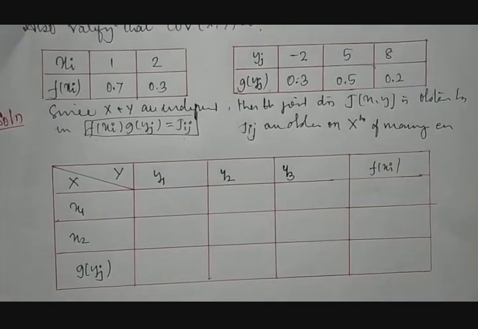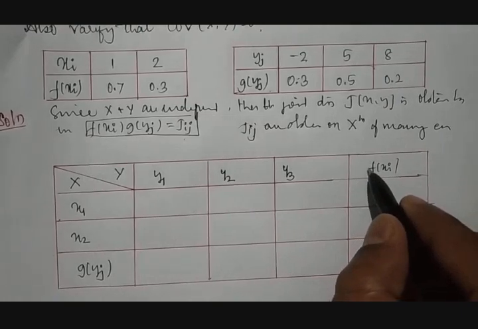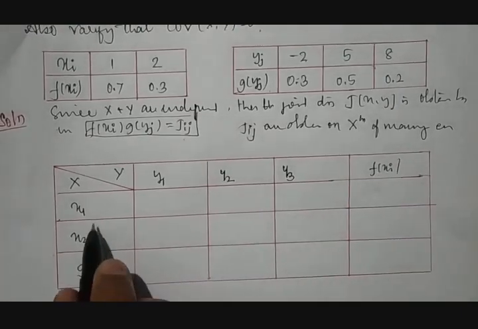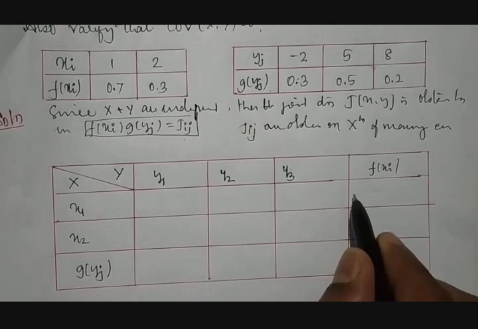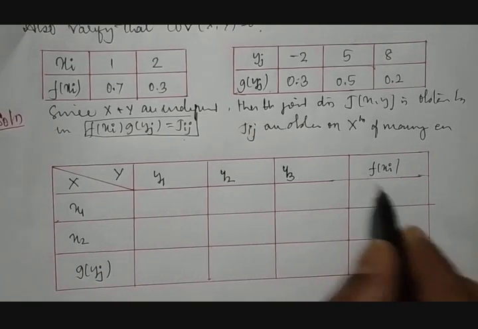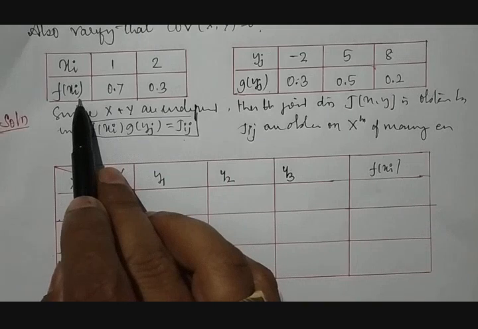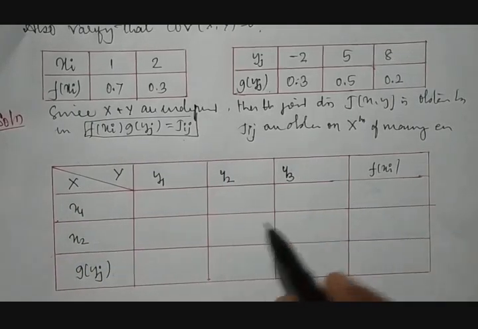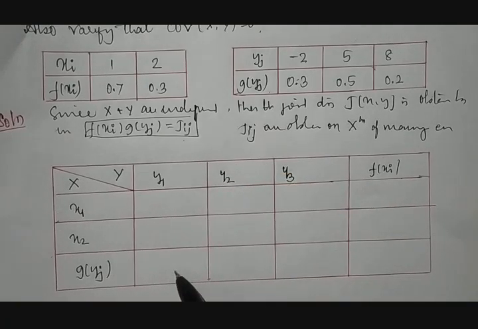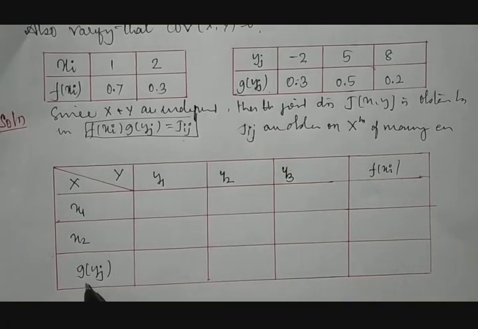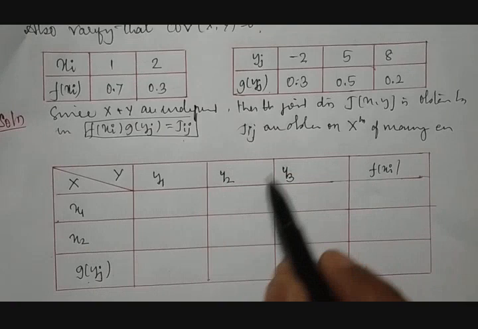Fine. Then what happens? This is a sum. If we add all elements of the entire row, then whatever we write here will be f of xi. And whatever column entries we add and write here, that will be g of yj.